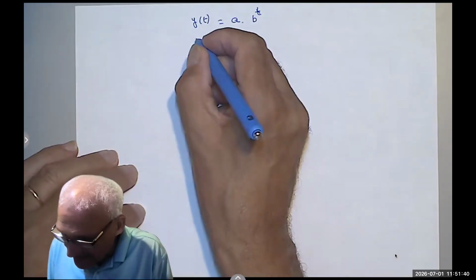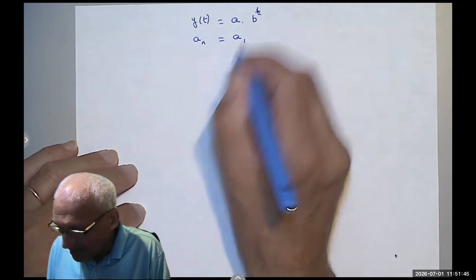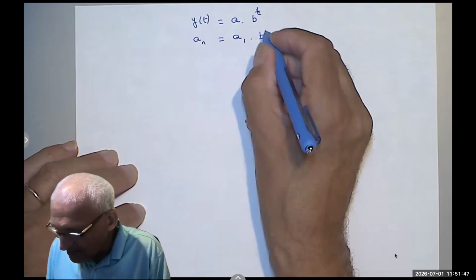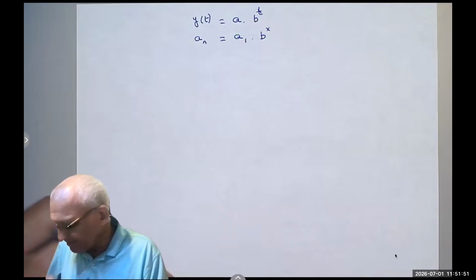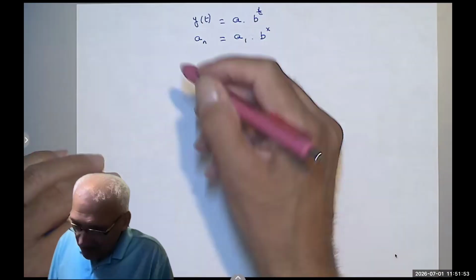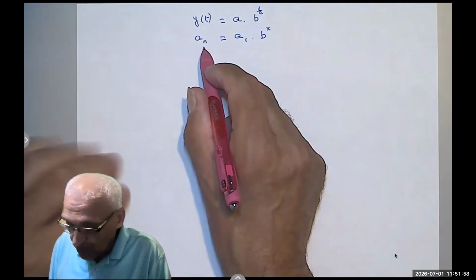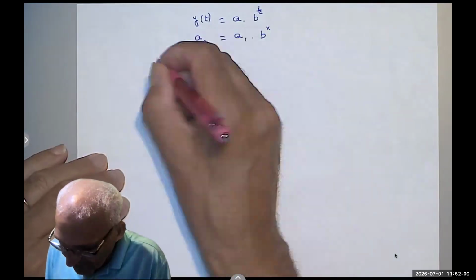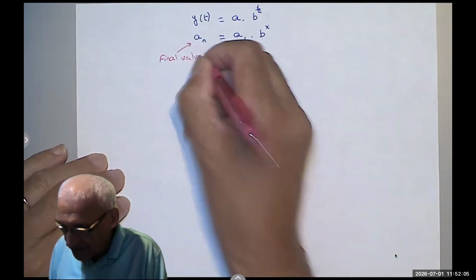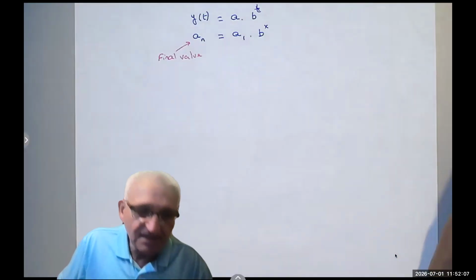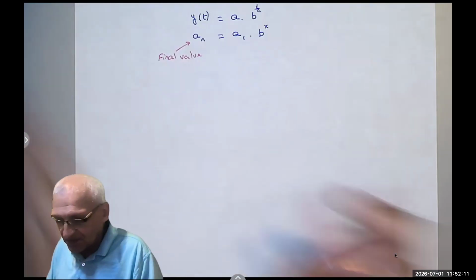Sometimes you see this as a sub n equals a sub 1 times b to the x or something. They are the same thing. The a sub n here, or the y sub t, is the final value of the money you are calculating or the number of some kind of bacteria or something.